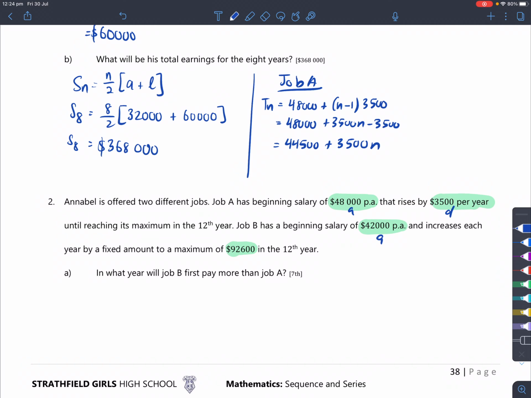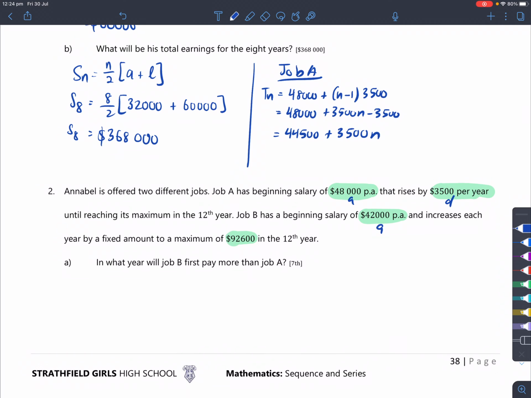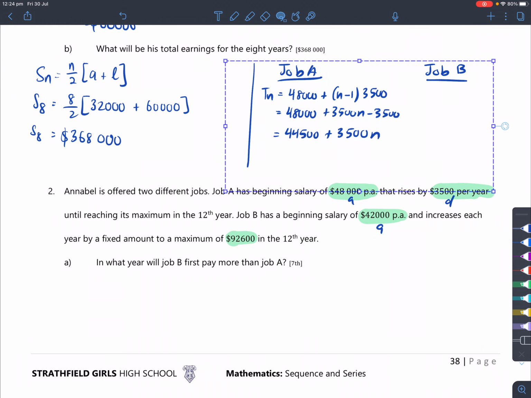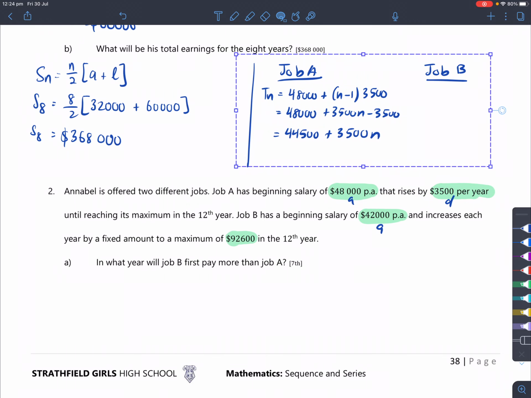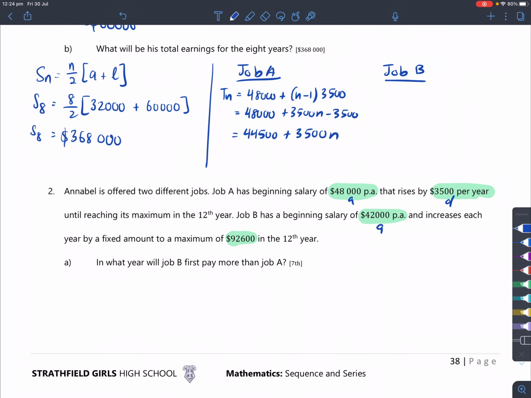And that's Job A. Now Job B will be slightly different. For Job B, Tn is A plus (n minus 1)d.